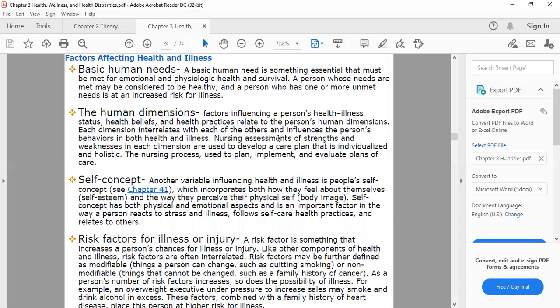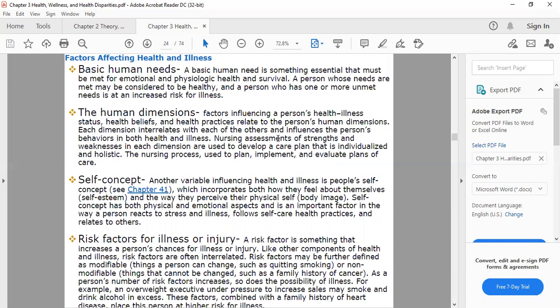So what kind of things affect our health and illness? Our basic human needs, okay? Those have to be met, all right? Human dimensions. So our health beliefs, our health practices, what we believe is going to help us. And we use the nursing process to help plan and care for the patient and evaluate what type of care. This helps us provide individual holistic care for these people.